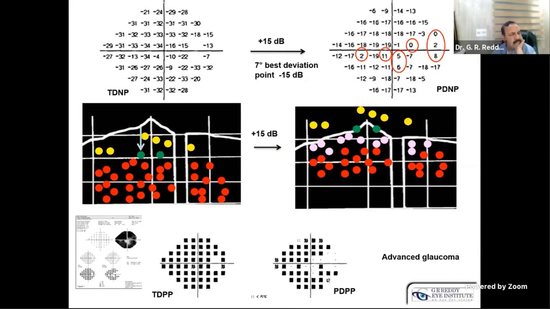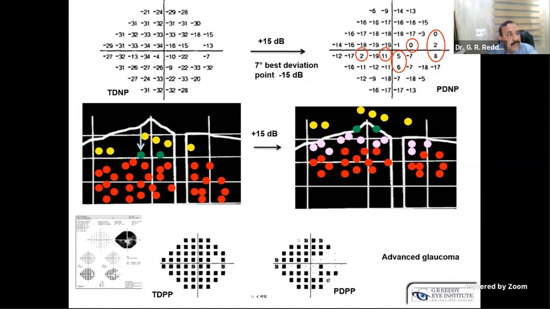Is there any indication where you will specifically ask for 30-2? That is why I told you, when you suspect glaucoma starting from the periphery, when you have a clue that glaucoma is starting from the periphery, then you should ask for 30-2.